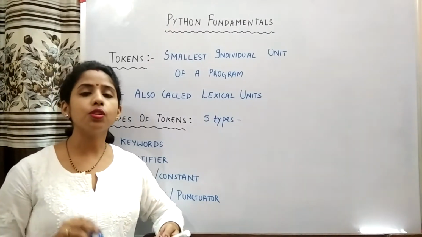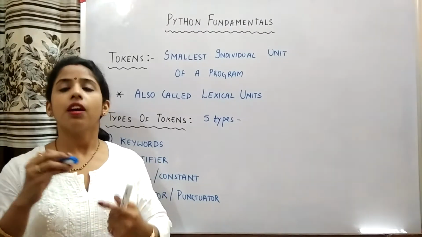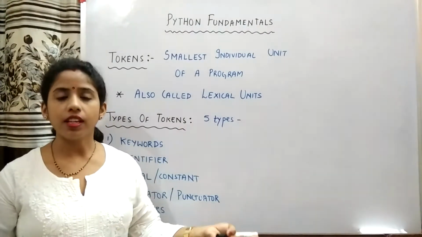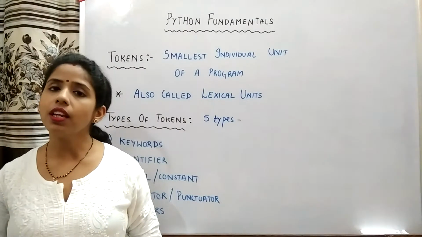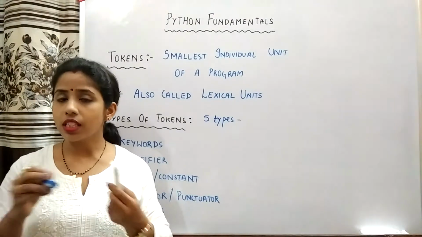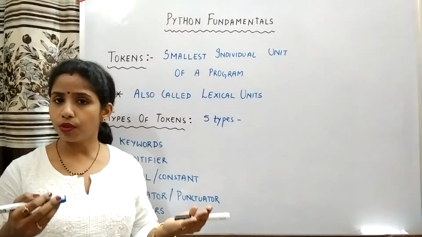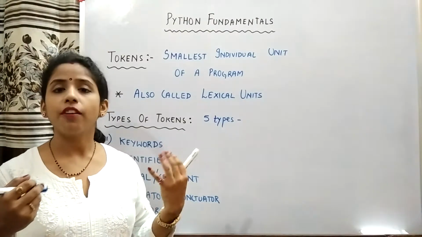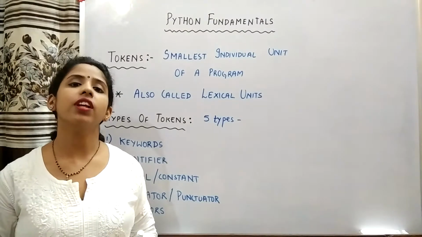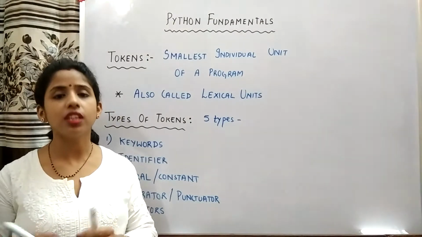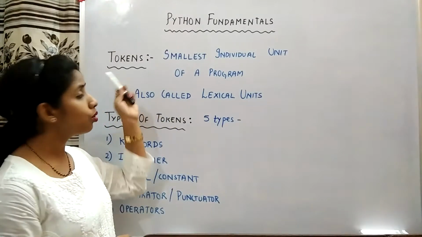Okay, so all those small individual units of that sentence are actually making up that sentence and making that sentence meaningful. In the same way, in Hindi language also, a statement of Hindi language is composed of shabd, and then you have comma, you have purn viram and all. So the statements of every language are composed of some small units which, in terms of programming language, are called tokens.